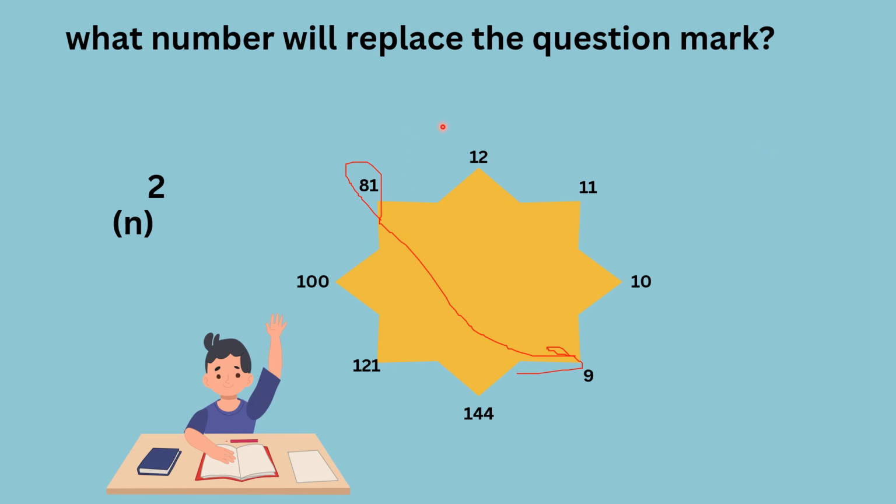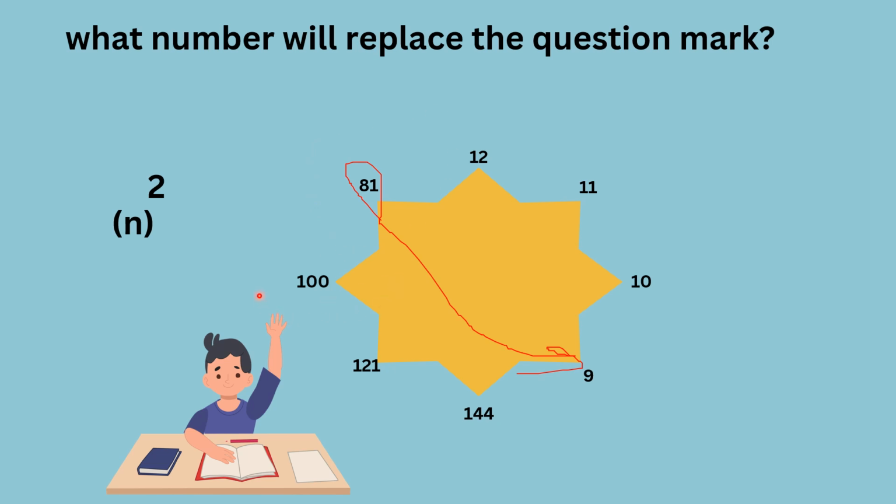As I said, if you go from 12 to 10, going clockwise, it is just decreasing. And if you are going clockwise again to 100, it is again decreasing. So if I add 81 there and 9 there, it doesn't make any sense, because we have 9 and then 12. It is not following a pattern or sequence there. So it should be 81 there.